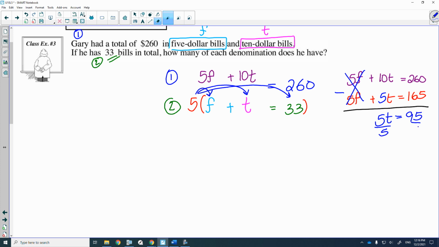Divide by 5, divide by 5. T is equal to 19. 19 what? What was T? $10 bills. She has 19 $10 bills.